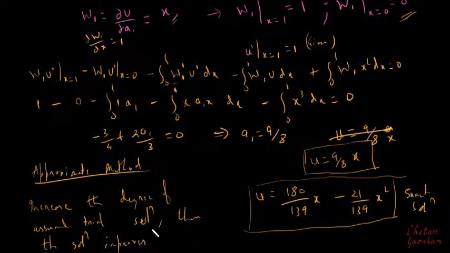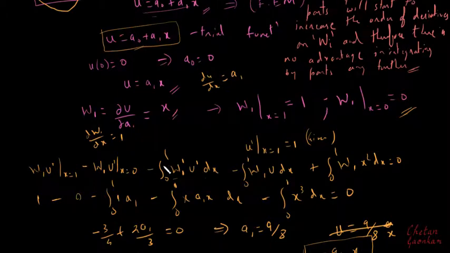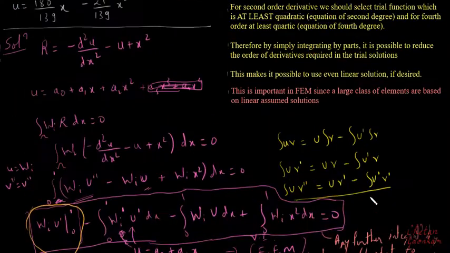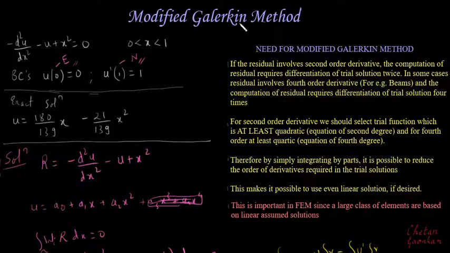We know this already, that if we go on increasing the degree of assumed trial function, the solution will improve. It will tend to move closer towards the exact solution. But this was the problem to demonstrate what exactly modified Galerkin method means.